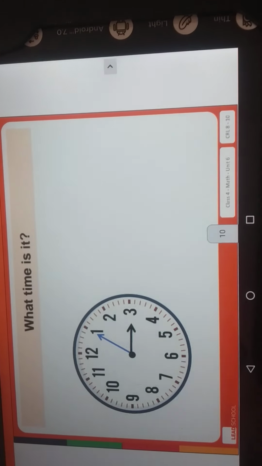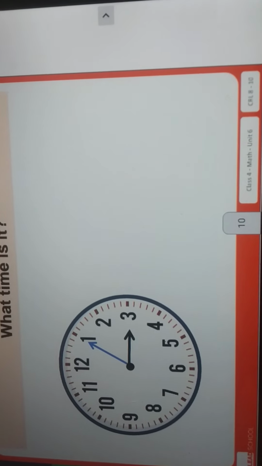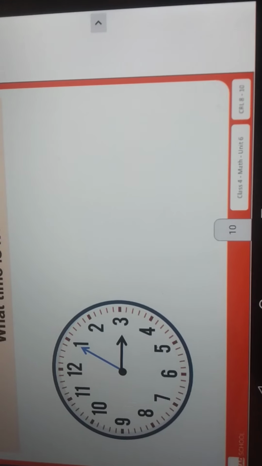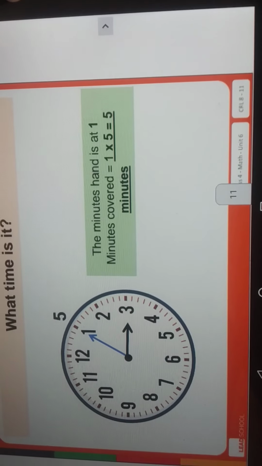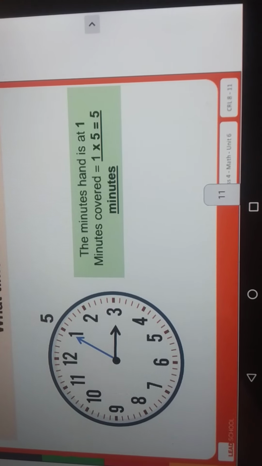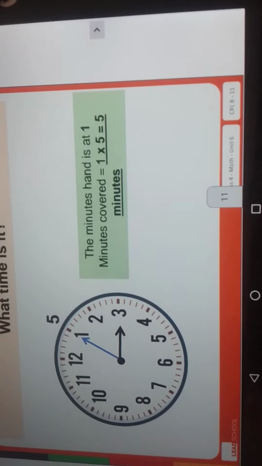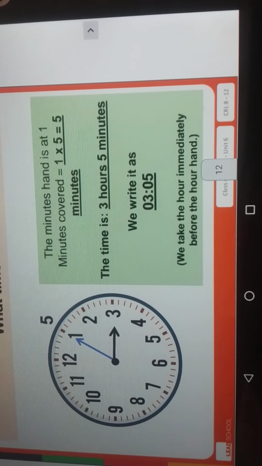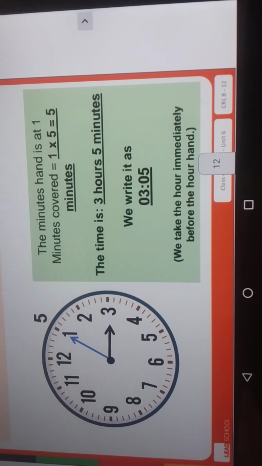Now, what time is it? Look, the minutes hand is on the number 1 and the hour hand is near the number 3. So what time is it? The minutes hand is on 1, so the minutes covered are 1 into 5, which is equal to 5 minutes.